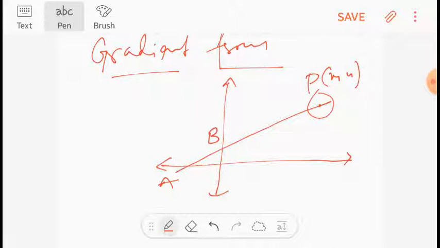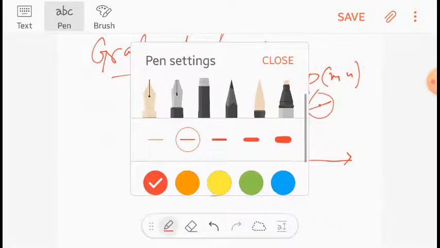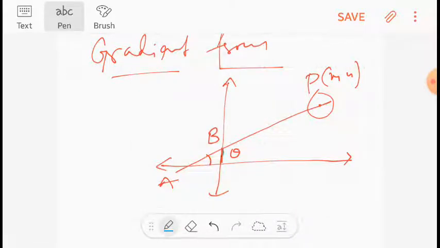Okay, now this angle makes theta with x axis in clockwise sense. So here you can see this portion, I show you in different color. This portion I named it C. Okay, this length is C actually.